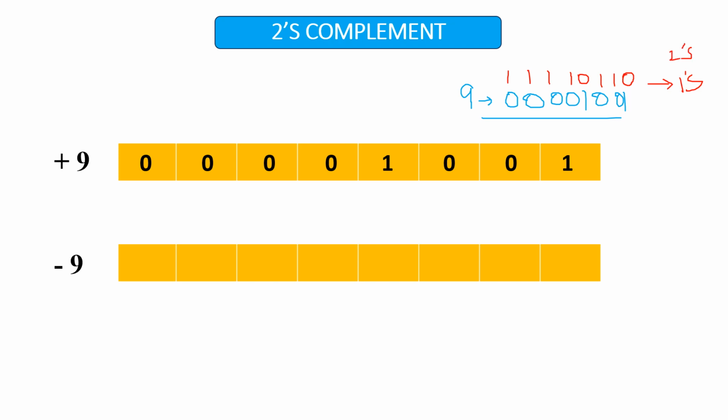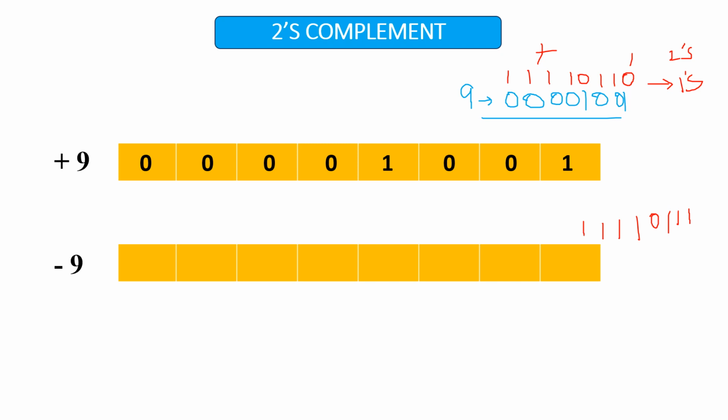So I add 1 to it. When I add 1, I get 1 at the last position, then the remaining bits 1, 1, 0, 1, 1, 1, 1.